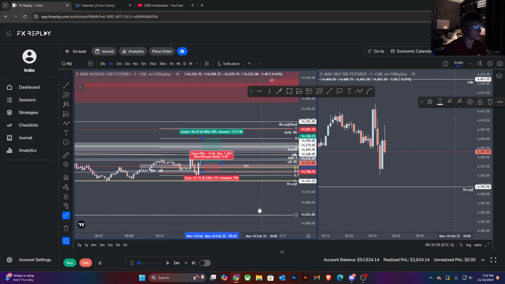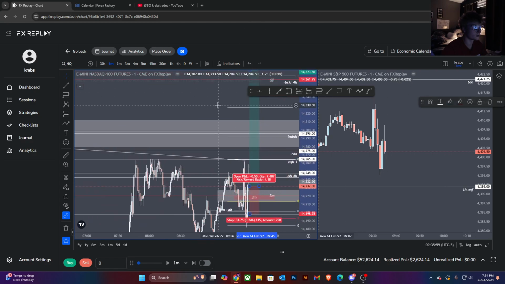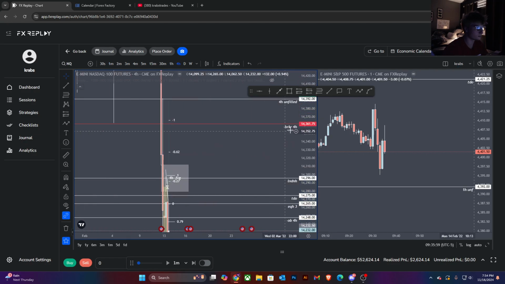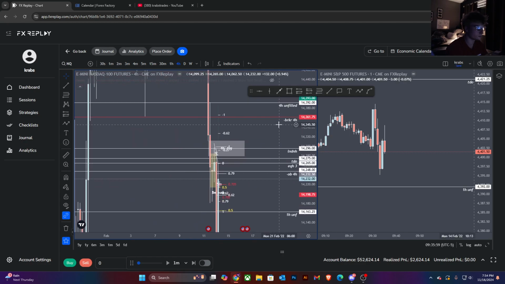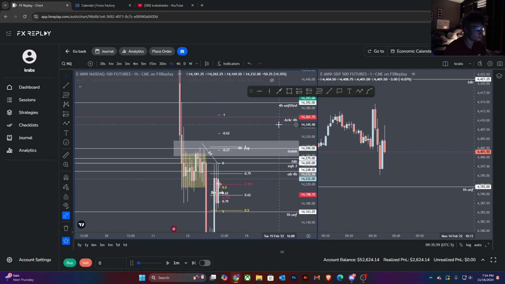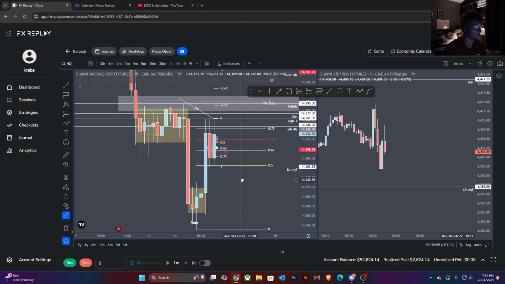London highs and then runners will do. We have an unfilled 4-hour. Also, this hourly did inverse.